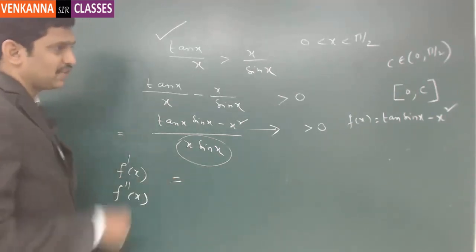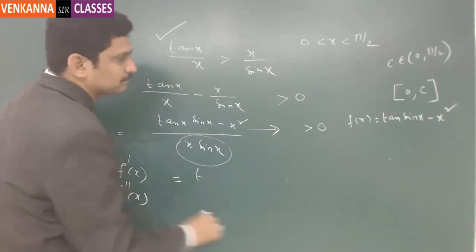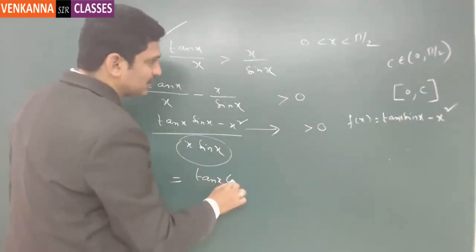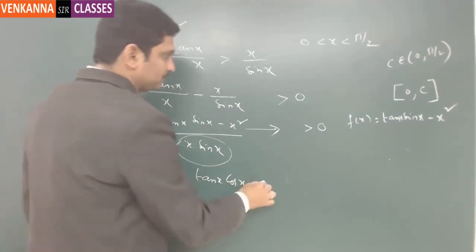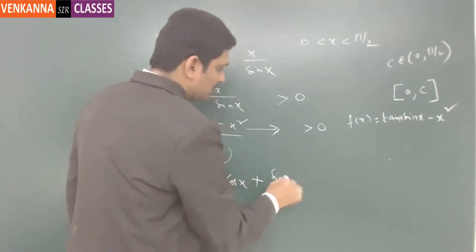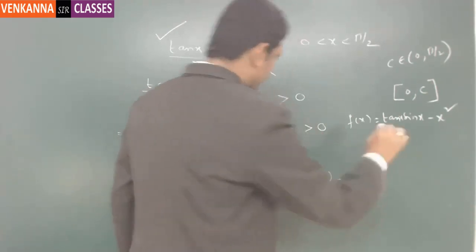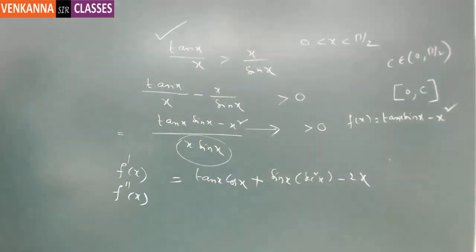So if we calculate f dash of x, it will be tan x into cos x plus sin x into secant square x minus 2x. Agreed? Right. Now you can simplify the part also.